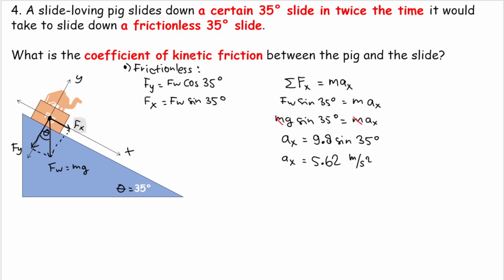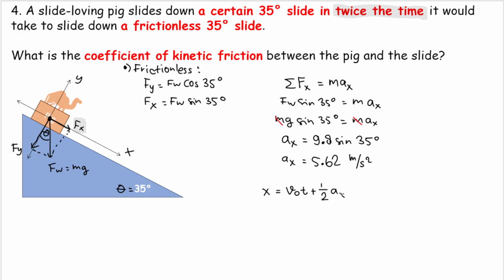Okay, but here we need to compare the time, right? So twice the time. What can we do? We can do kinematics. The distance x is the same between frictionless and not frictionless. So I will have x equals v0 times t plus 1/2 the acceleration in the x direction multiplied by t squared.